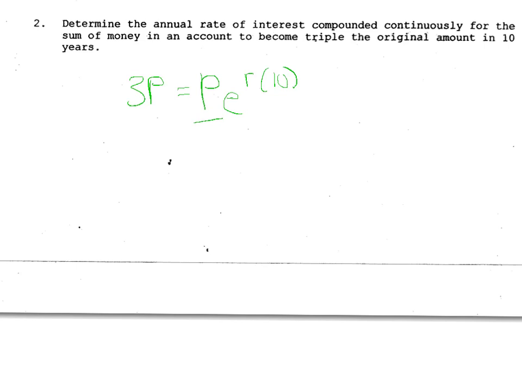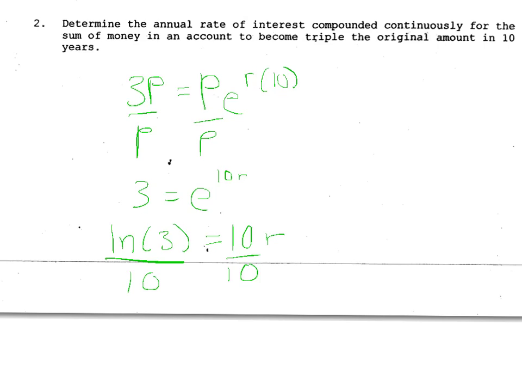Then if we divide by P, we're just left with 3 equals e to the 10r. And then if we take the natural log of that, we have the natural log of 3 equals 10r. And then to find the rate, we just need to divide by 10.